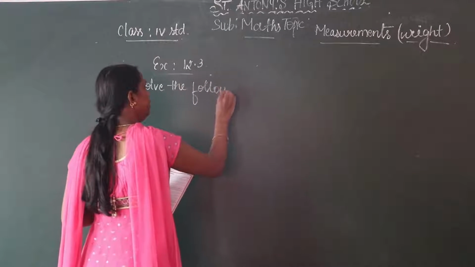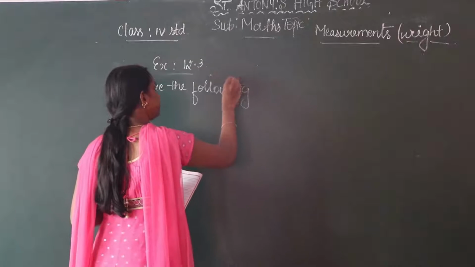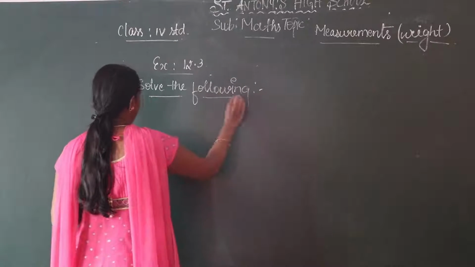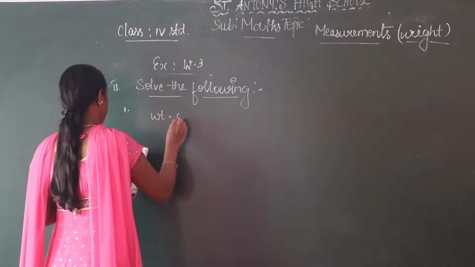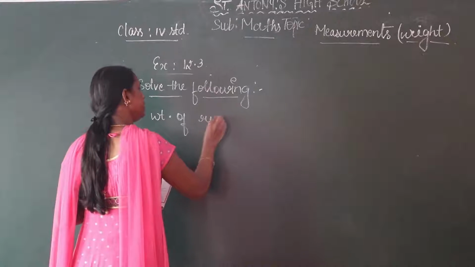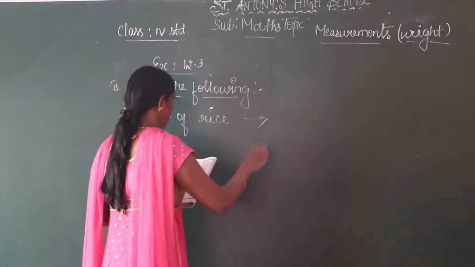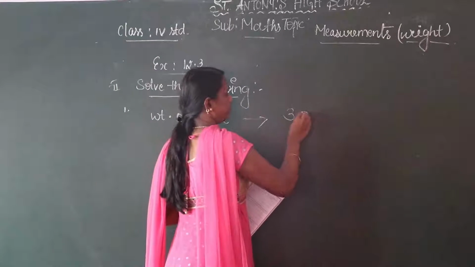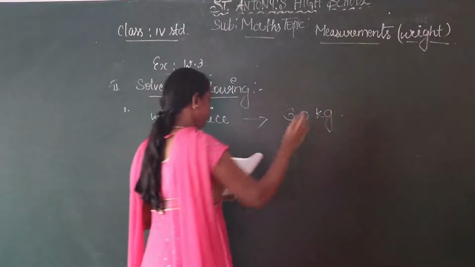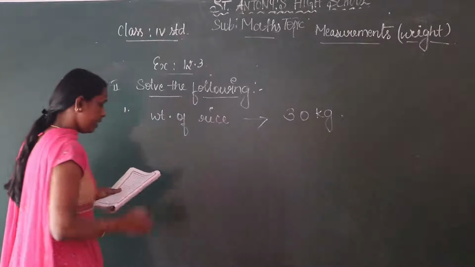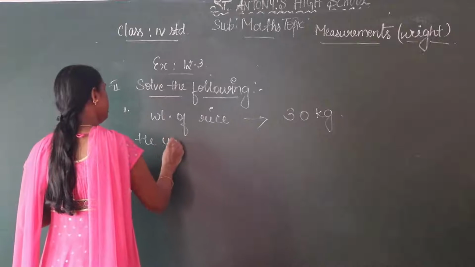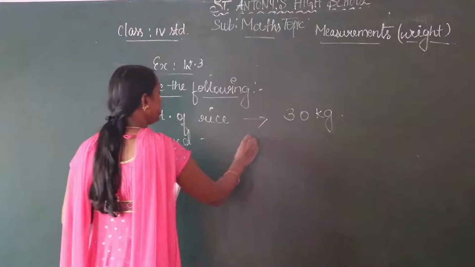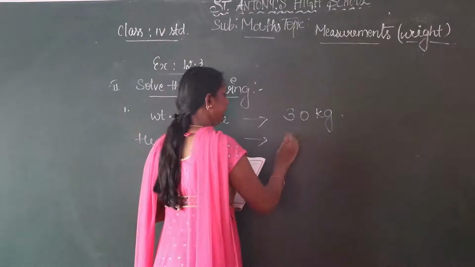First one, weight of rice, 30 kg. From this, he used 19 kg of the rice.